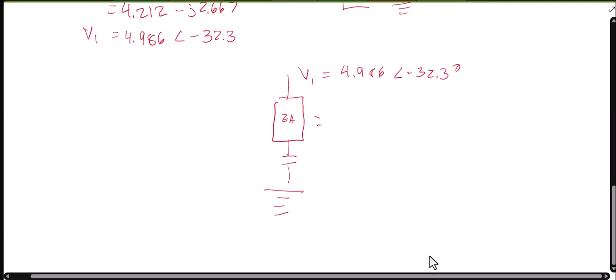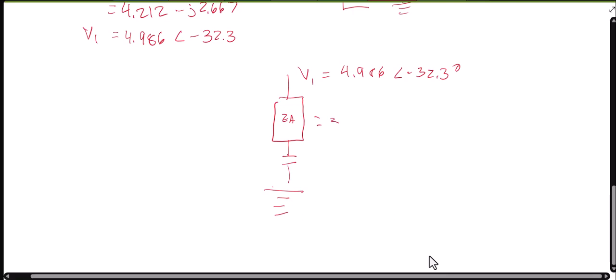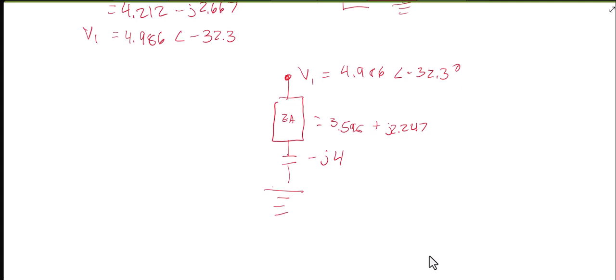And ZA we had was, is this correct? 3.595 plus j2.247. And this capacitor was minus j4. Is that what we had?